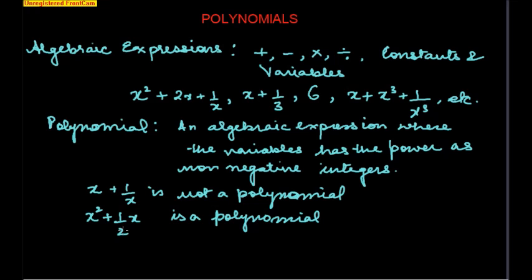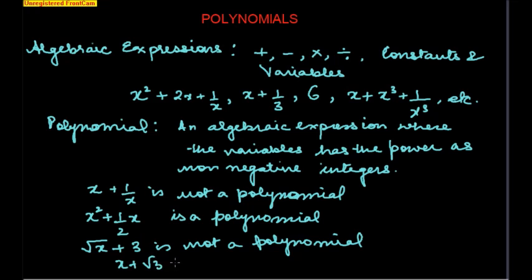Here the number was in the fraction, which is okay for an expression to be a polynomial, so therefore it is a polynomial and this is not. If I write square root x plus 3, again this is not a polynomial because the variable here has the power as 1 by 2. But if I write x plus root 3, then this is a polynomial.